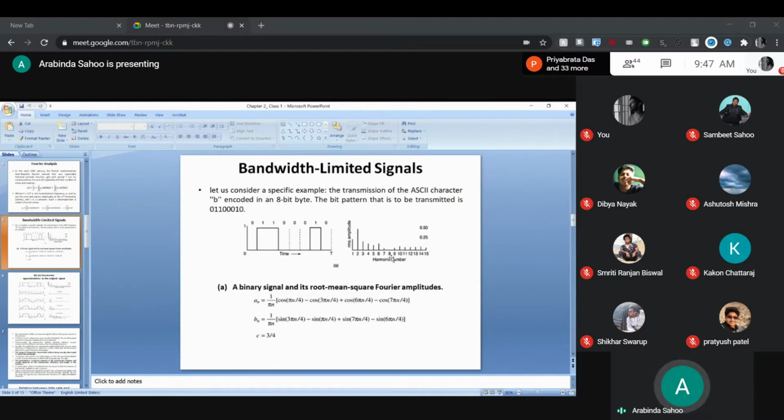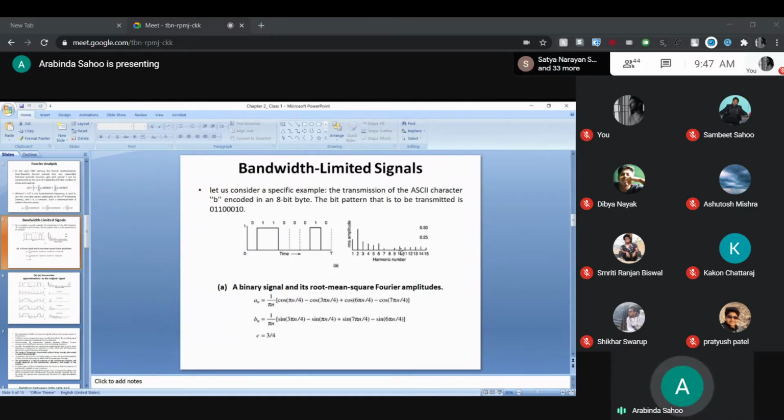Similarly, from this diagram, if you consider harmonic number 8, the mean square amplitude is 0. That means at harmonic number 8 there is no information associated with the signal. It doesn't contain any information related to your original signal.